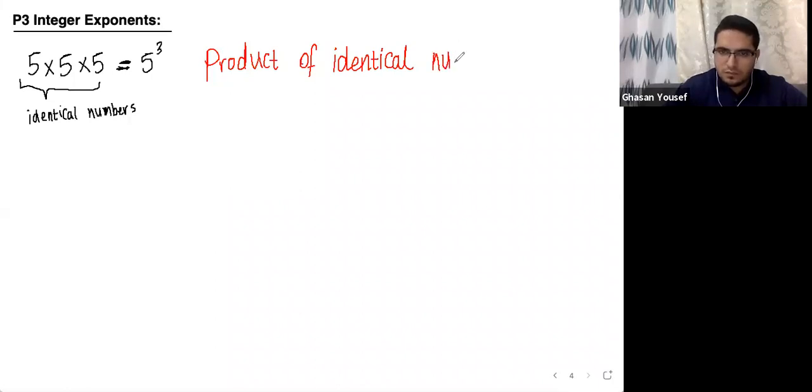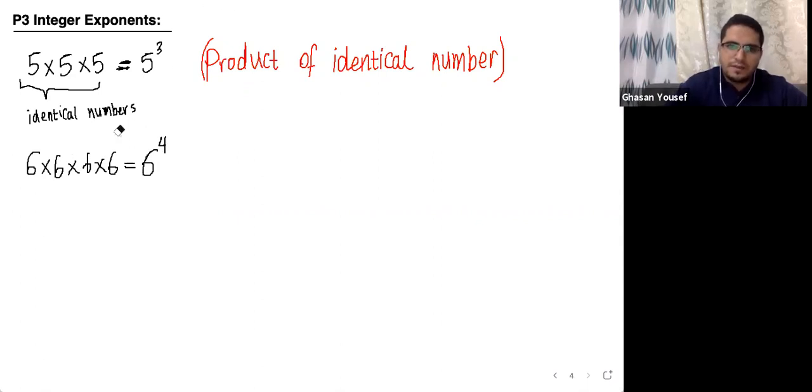When we multiply, for example, the 6 four times to each other, 6 times 6 times 6 times 6, this is equal to 6 to the power 4. How many times I multiply the 6 by itself.